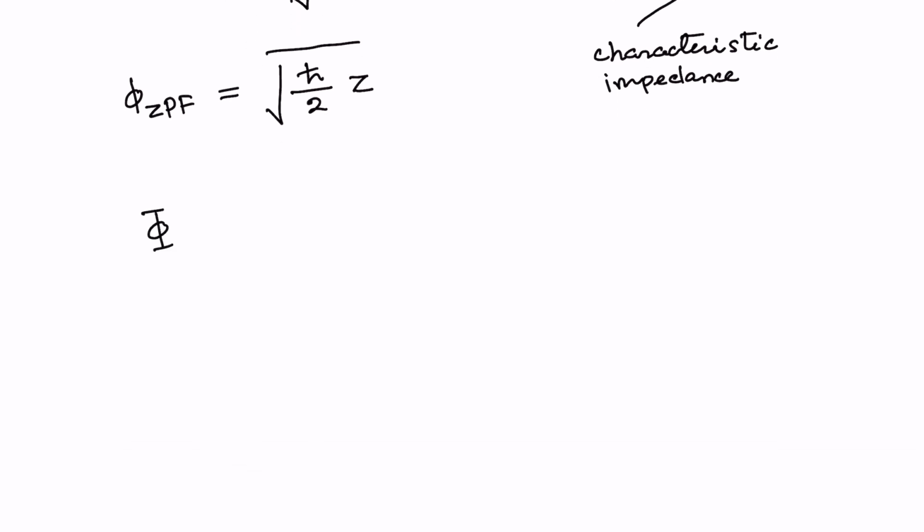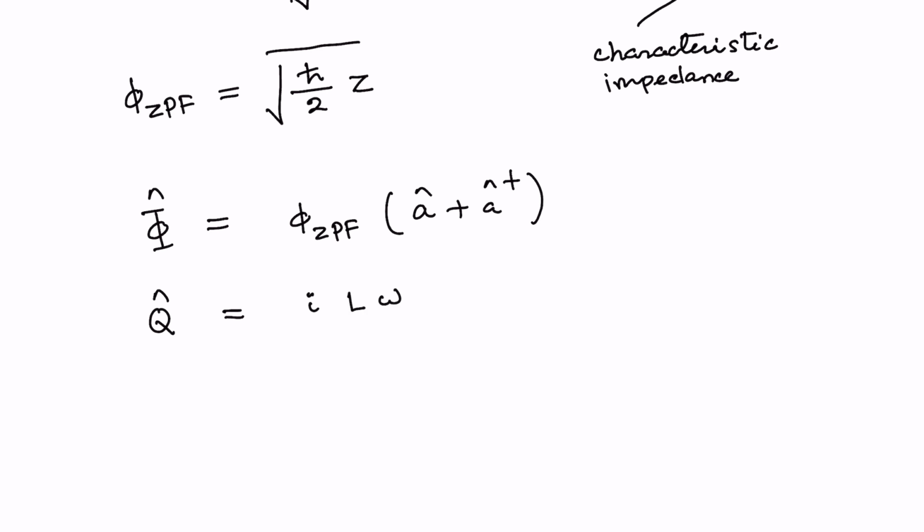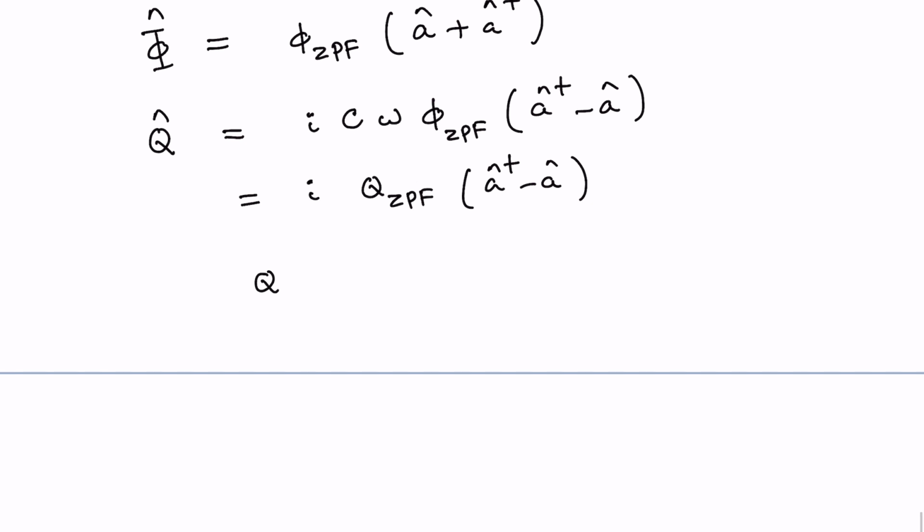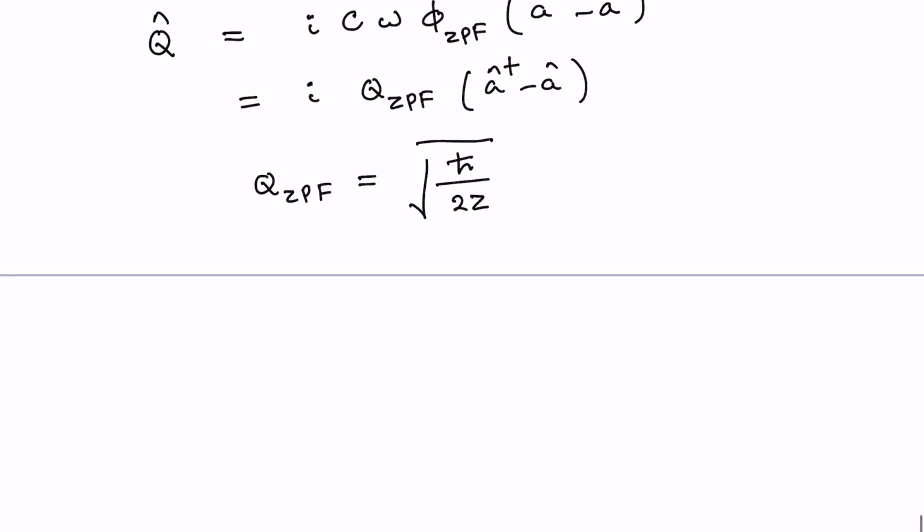So what I have, the magnetic flux operator, is phi ZPF times A plus A dagger, and similarly the charge I can now write as I into C into omega, because mass is analogous to capacitance C, times phi ZPF, and A dagger minus A. This also I can write as I times the zero-point fluctuation of the charge times A dagger minus A. In fact, you can show that Q ZPF, the zero-point fluctuation in charge, is given by the square root of h cross divided by twice Z, where Z is the characteristic impedance of the LC circuit.